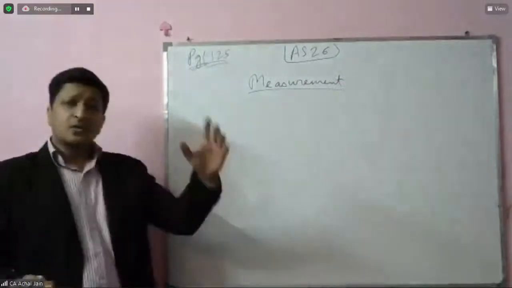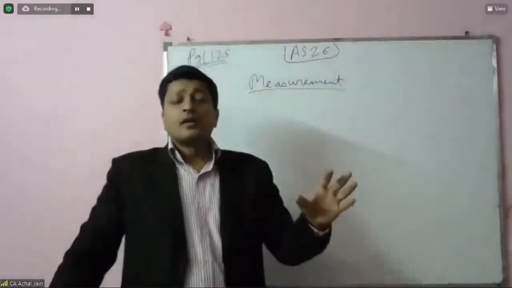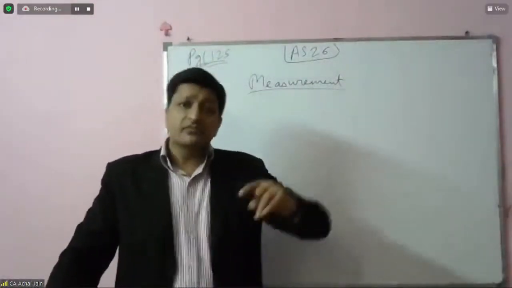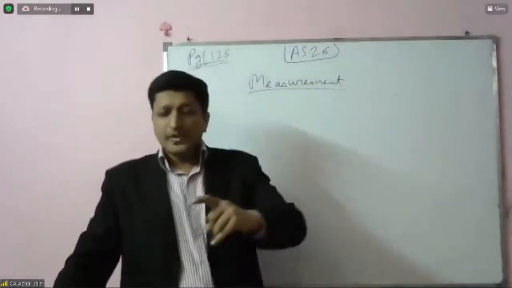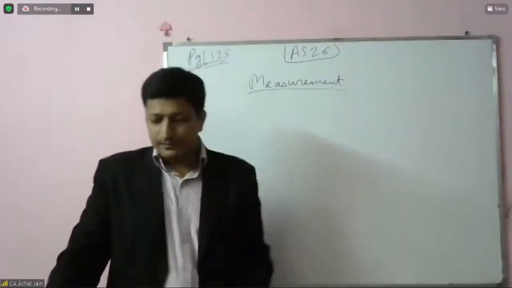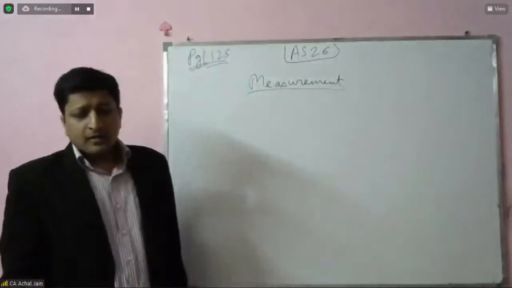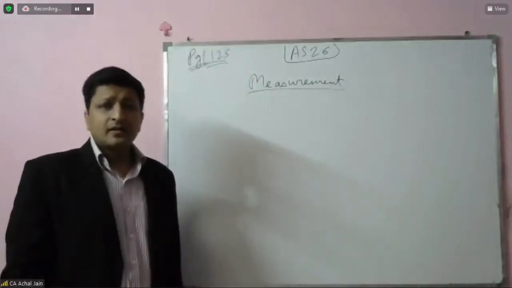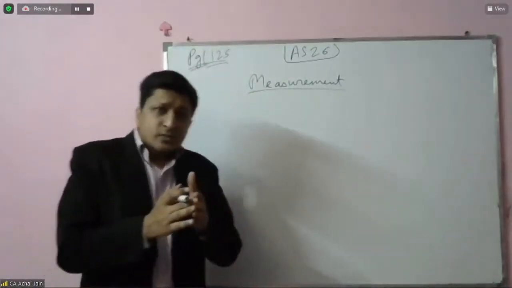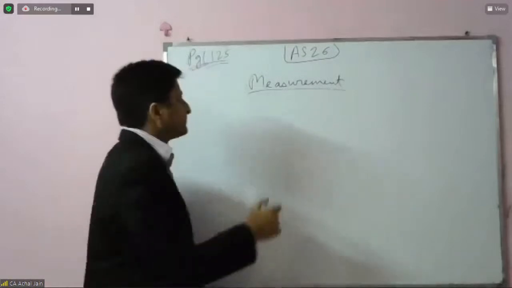So we have discussed about definition. We have discussed about recognition, which is same in case of PP. Now we are discussing about measurement. Now, in relation to measurement, once again, this needs to be broken into two parts.